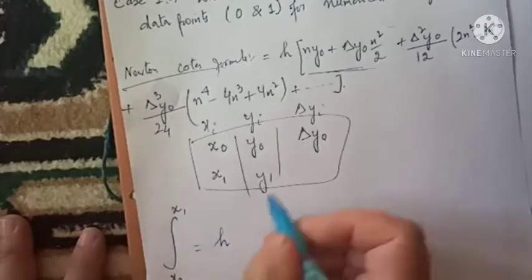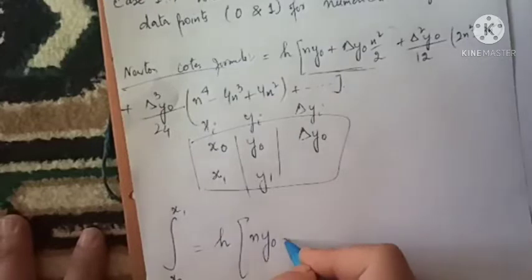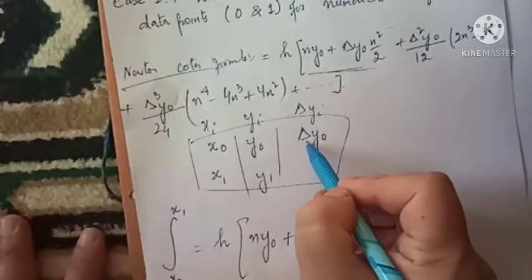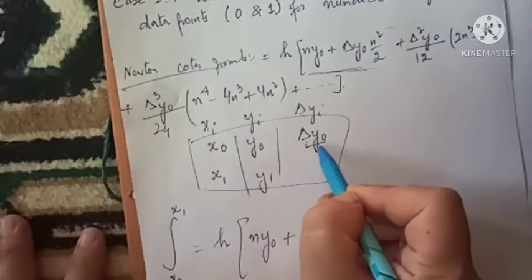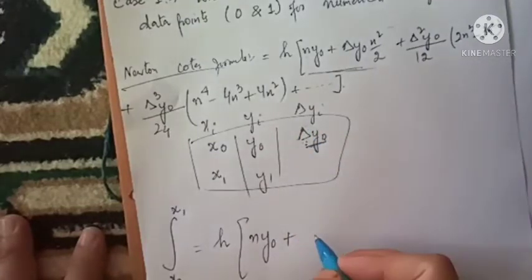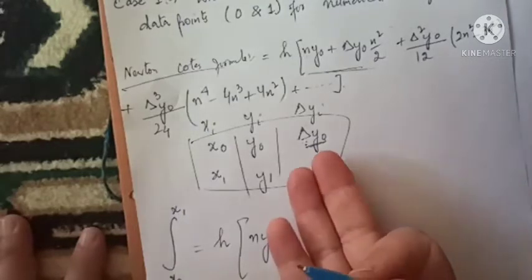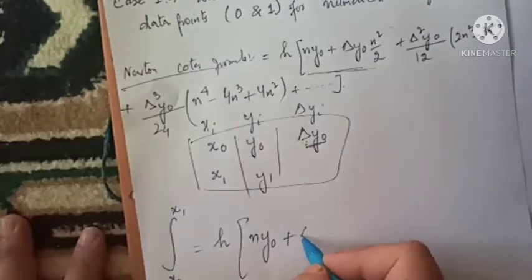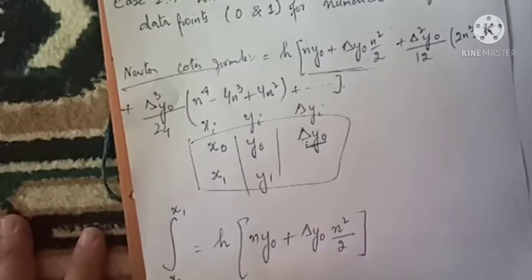That will be equal to h times n y0 plus, we only have to take two terms from the formula, that is, only up to the first order forward difference, delta y0 n square divided by 2.